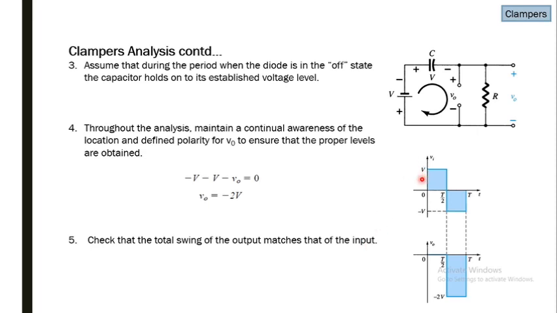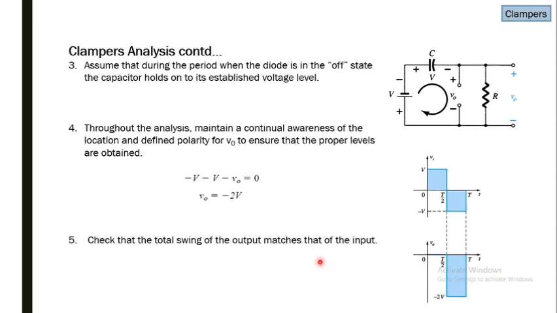The total swing of the input signal is 2V, from minus V to plus V. The swing of the output signal is also 2V, from 0 to minus 2V. So the total swing of the output signal is also 2V, same as that of the input signal. This means our results are correct.